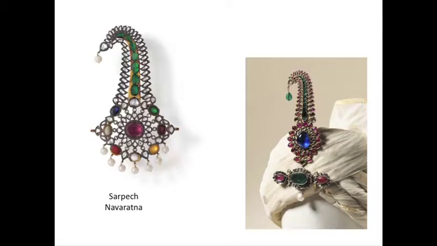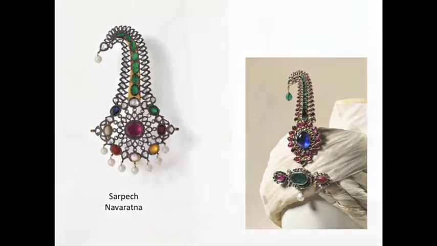Each jewel is associated with a planetary deity and with the cardinal and intermediary directions. Again, on these, the purity of each stone is important to ensure the maximum efficacy for the wearer. These are considered talismans. They protect you from negative influences.